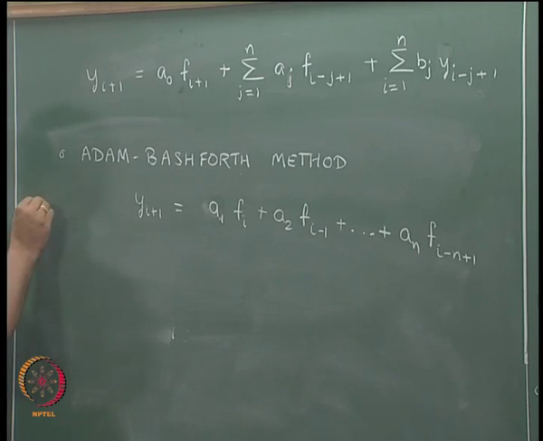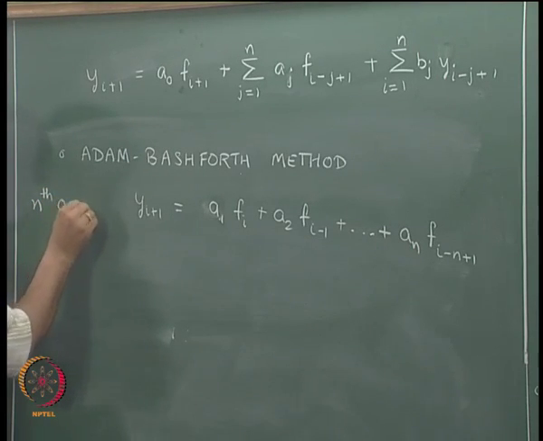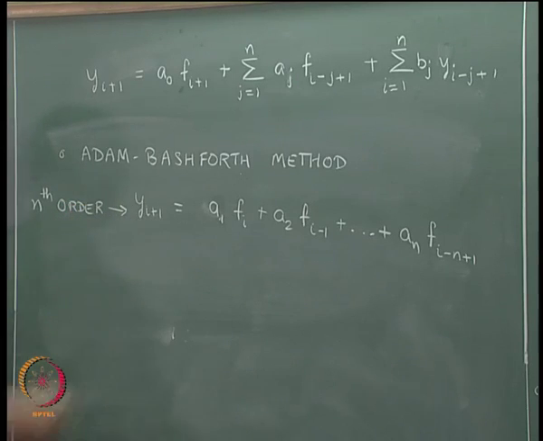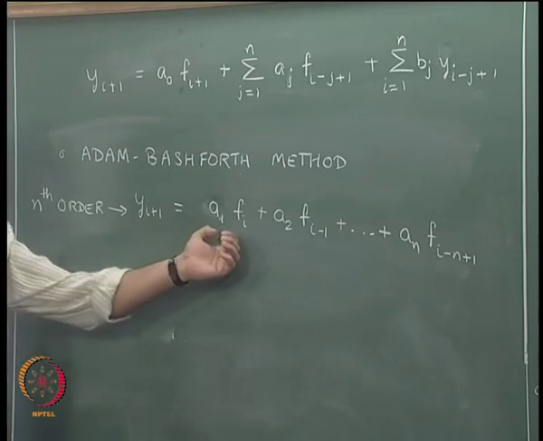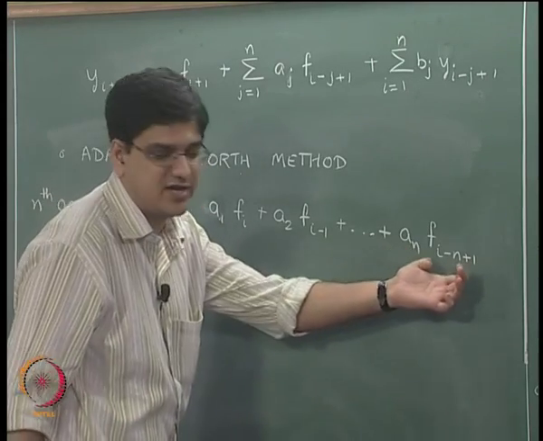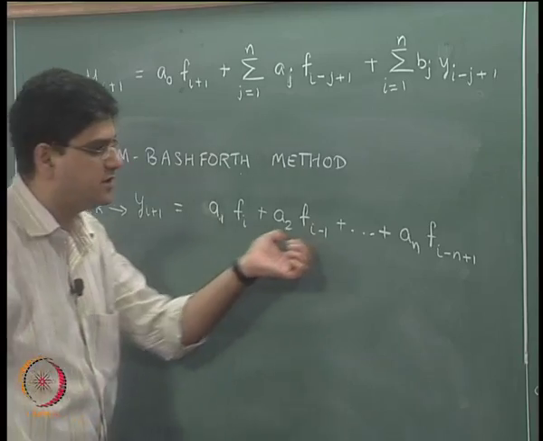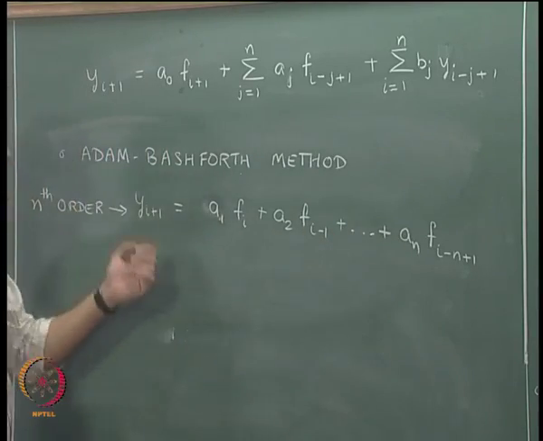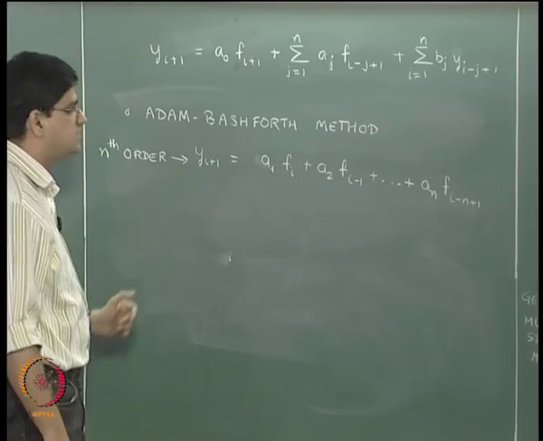And this is going to be an nth order Adams-Bashforth method. Now, this method is an explicit method because yi plus 1 depends only on the past points, and we are assuming over here that the past points are known to us.